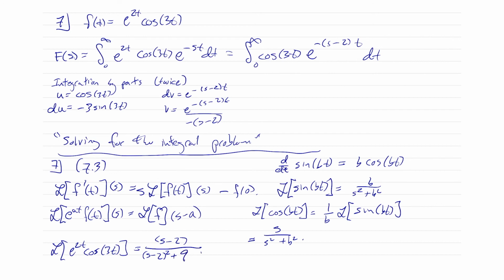That's ultimately what the answer would be after you do everything. If you're asked to do this on the exam, obviously you're going to have to do solving for the integral if you're told to do it from the definition. Otherwise, you're free to use tables or the properties of the Laplace transform. Ultimately, if you want to double check your answer, that's what you'll get.